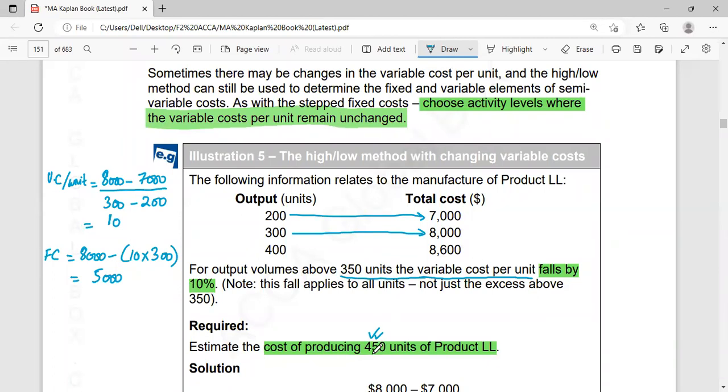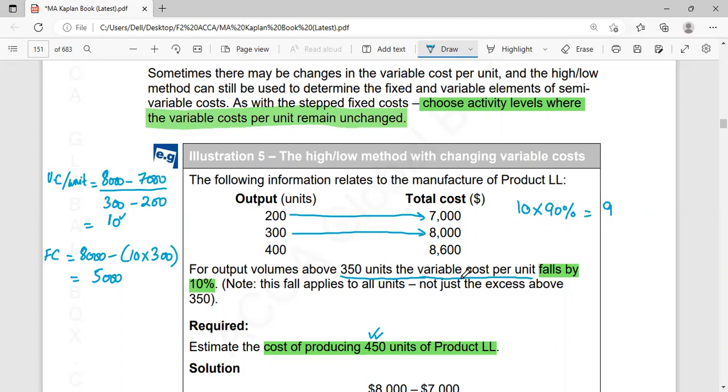So if the variable cost was 10 below 350 units, then above 350 units it will fall by 10%. So it will be only 90%. 90% of 10 will be 9. So the variable cost per unit I will take for above 350 units will be 9.